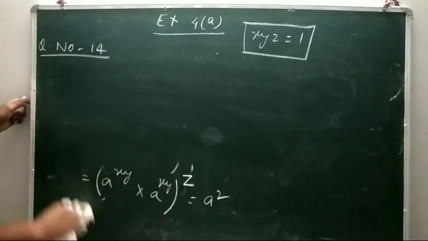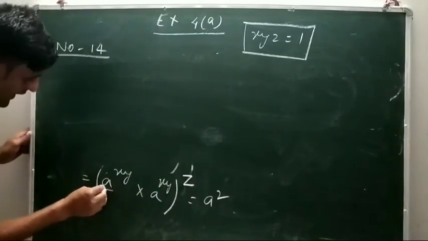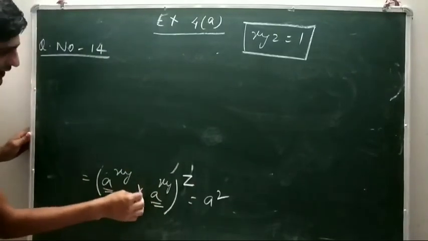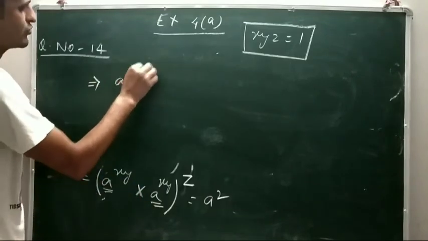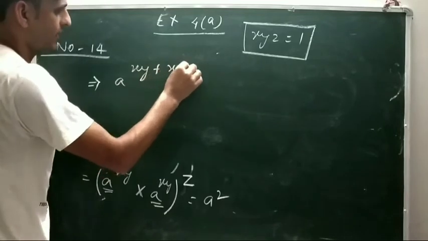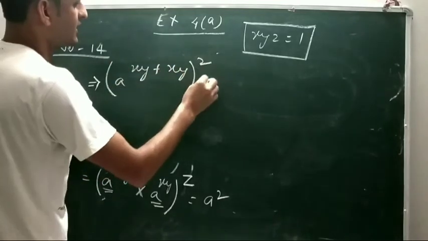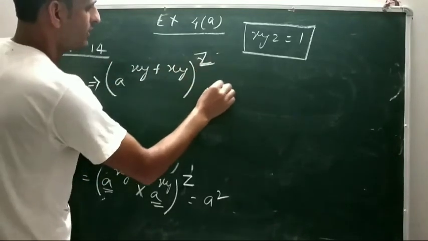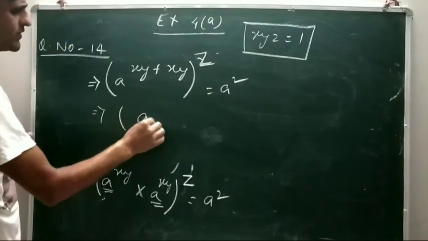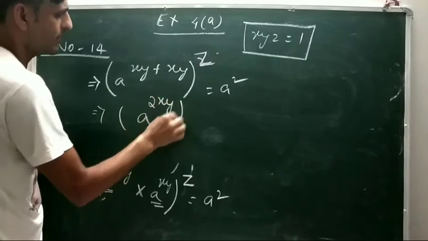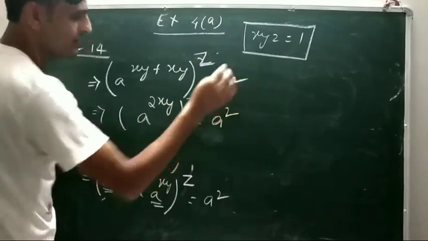If you write the bases a in multiplication, then their powers should be added. So a to the power xy plus xy, and the power z is equal to a square. Now a to the power xy plus xy means a to the power 2xy, to the power z, is equal to a square.